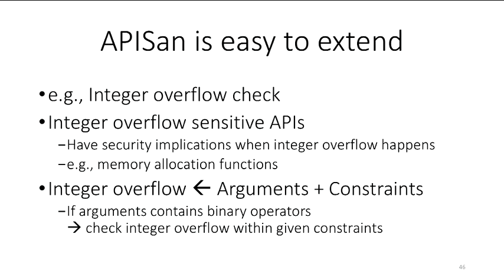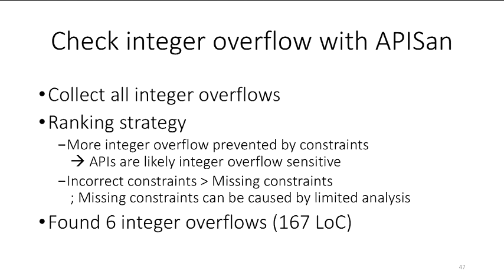Integer overflow can be extracted from arguments and constraints. If arguments contain binary operators, we can check whether integer overflow happens within the given constraints. And collect all integer overflows and rank them.